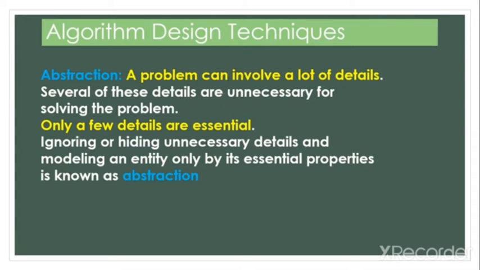To prepare a cake, we take and use only the ingredients we need. We will not use every item. Only the essential ingredients for solving that problem are used. This is called abstraction: ignoring what is unnecessary for solving the problem and taking only the essential details alone.